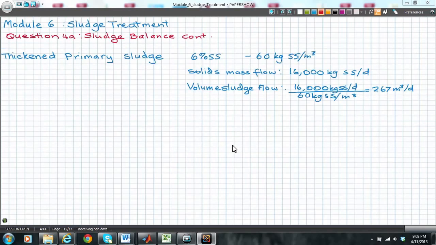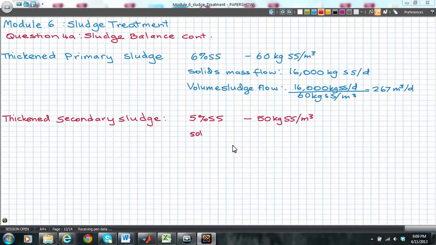So we're calculating the thickened secondary sludge, and it is 5% suspended solids on a mass basis, which, assuming a density of 1,000 kilograms per cubic meter, is equivalent to a concentration of 50 kilograms of suspended solids per cubic meter.